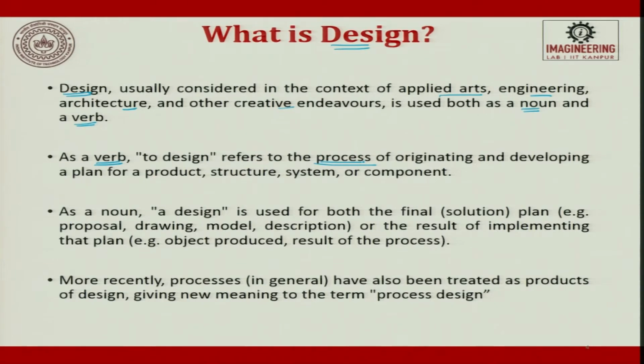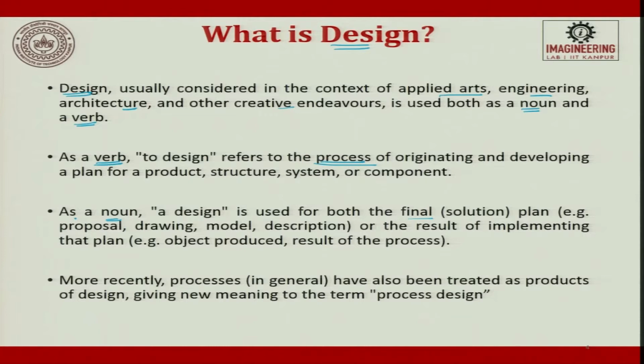Actually, design is a process. It is not an event, it is a process. Okay? So, it originates and gets developed as a plan for a product, structure, system or component. When we talk about design as a noun, a design is used for both the final solution planning, for example, proposal, drawing, model, description, or the result of implementing that plan.